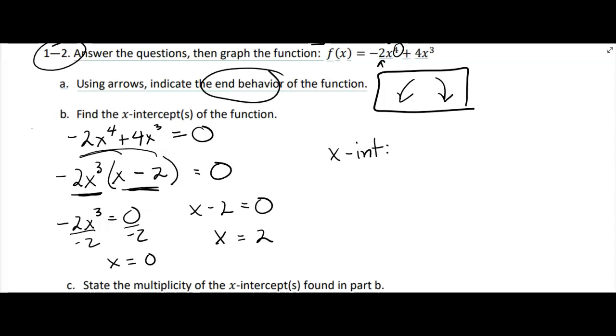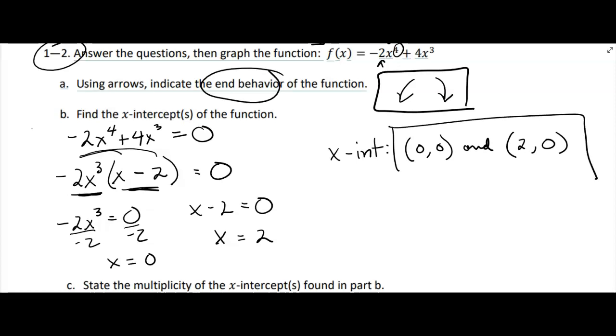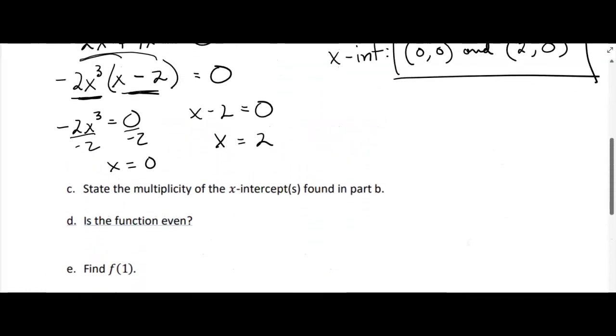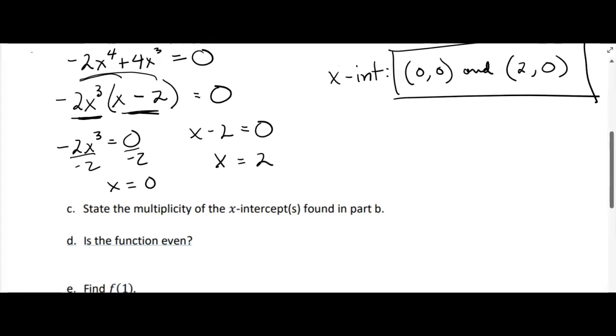I'm going to write them as ordered pairs, (0, 0) and (2, 0). Now, all these tools, A, B, C, D, whatever, are going to help you graph the function, and that's going to be the last thing to do on this page. Okay, state the multiplicity of the x-intercepts found in part B.